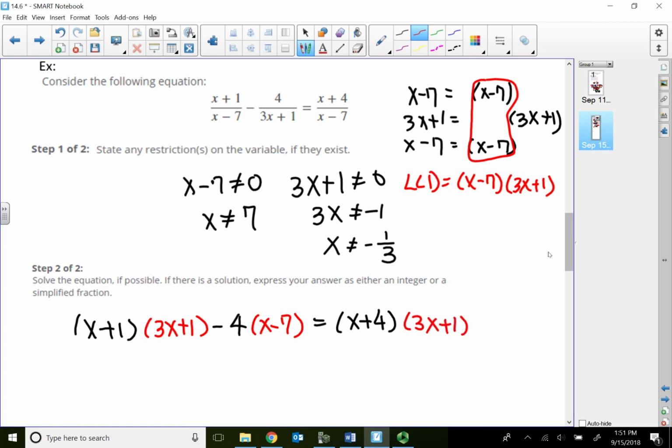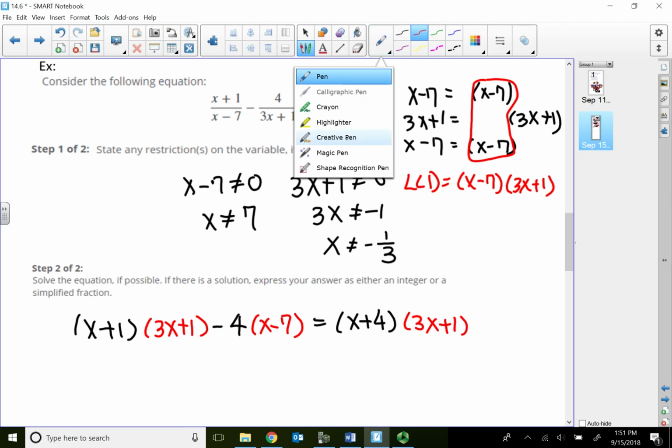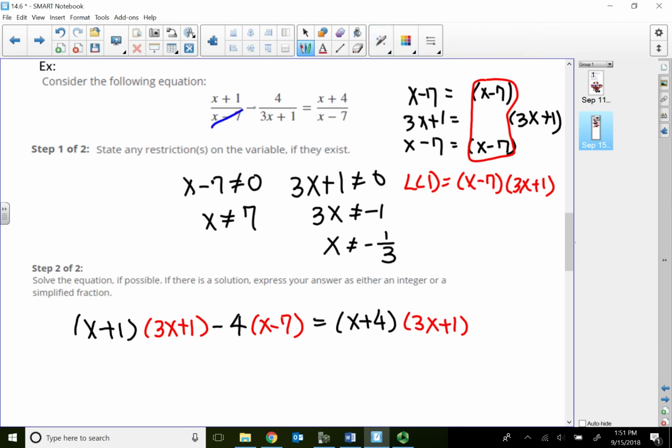All right, so basically, LCD times the first term, the x minus 7 cancels out. LCD times the second term, the 3x plus 1 will cancel out. So that leaves you with x minus 7 times negative 4. LCD times the third term, the x minus 7 will cancel out.